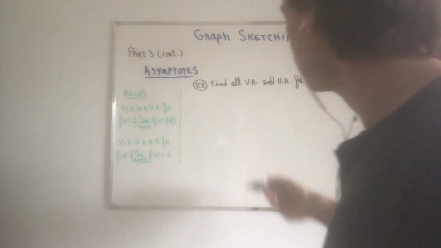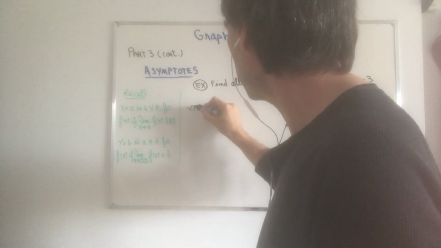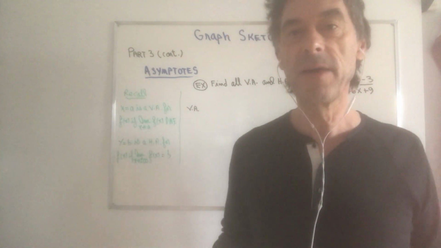Let's see how that goes. Let us start with vertical asymptotes, and we'll take a look at horizontal soon after.